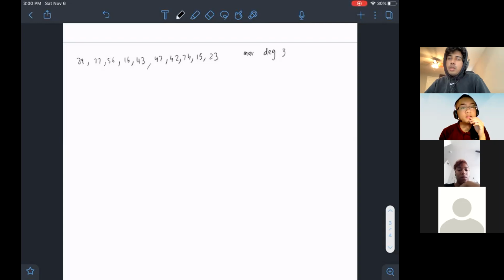Yeah, and then we need to add 74. So 74 would go on the right side of 56, joining 77. And then we add 15, which would go on the left side of 16.